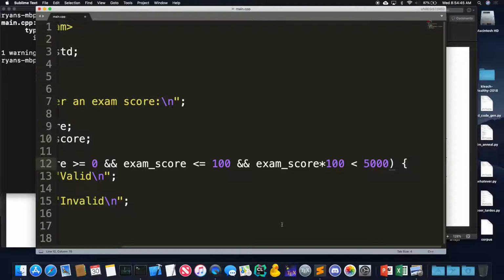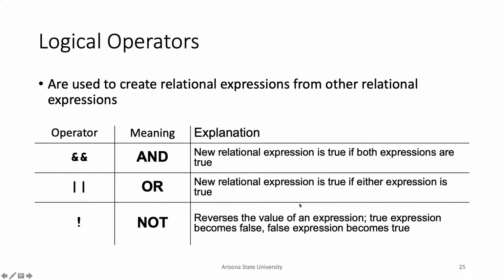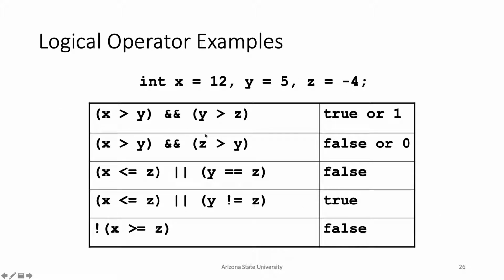Okay, so let's look at this. These are just the 3 that we talked about. Here are just some examples of using them. So you can have x greater than y and y greater than z. This one would be true because 12 is greater than 5, and 5 is greater than -4.